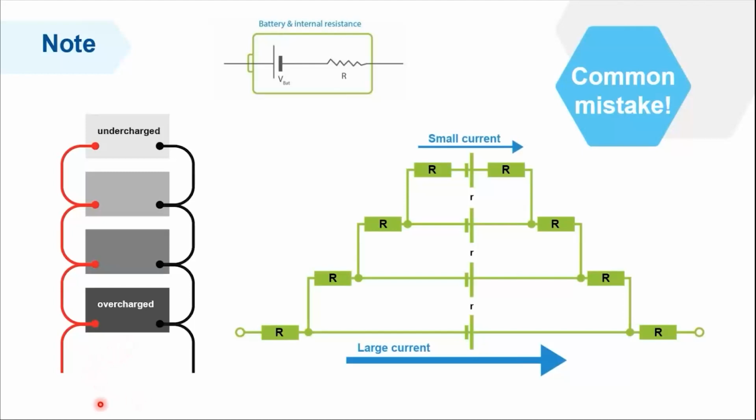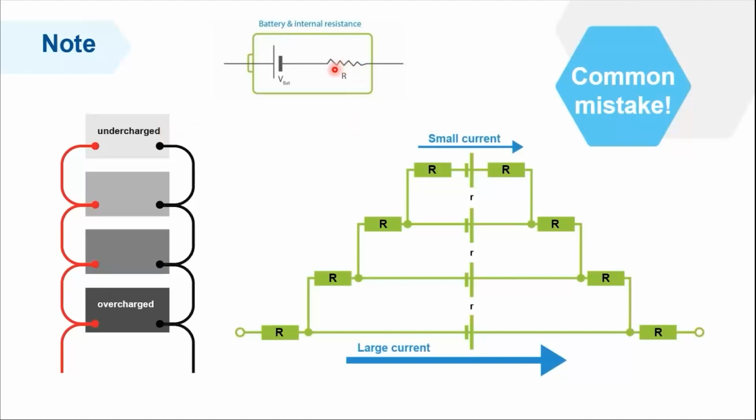So consider that if you have your loads here, then the resistance that this battery sees between itself and the loads is really too low, because the length of the wire is shorter in comparison with the other batteries.